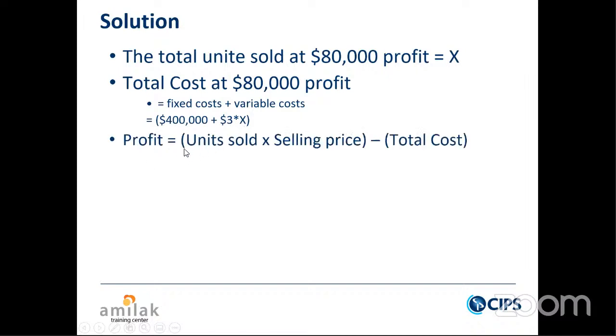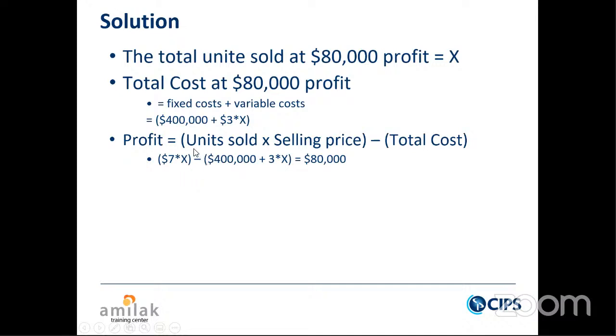So the profit is going to be the units sold times the selling price. We don't know what the units sold is. We need to find it. We multiply it by the selling price, and we subtract the total cost we incurred. So here, the unit price is $7. We times it by X, which is the number of items we sold.